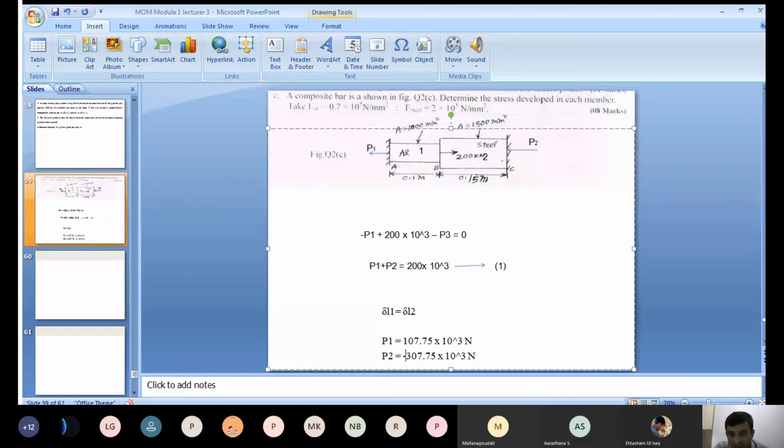Am I right? Is it right? Someone has to give me a response. P2 will not get that much value, ma'am. Are there any other answers?